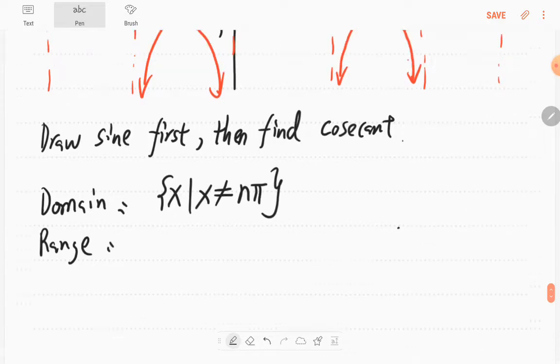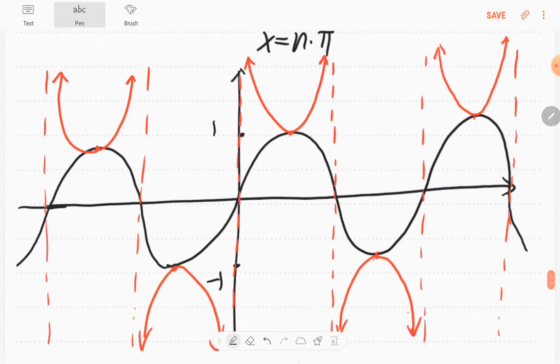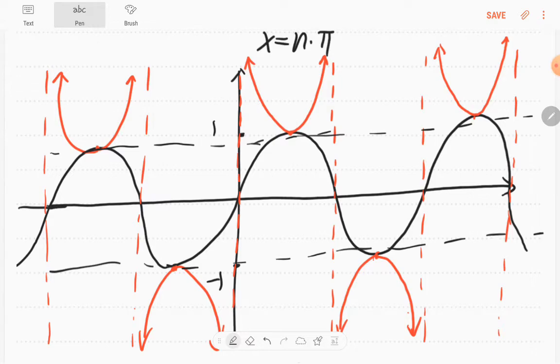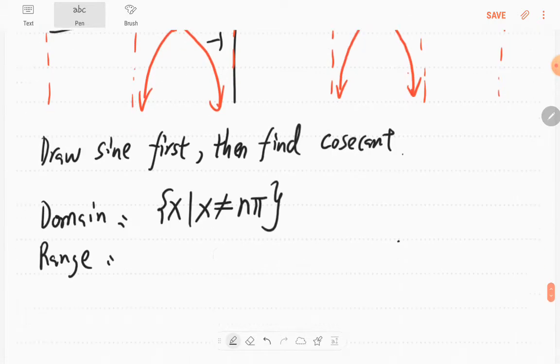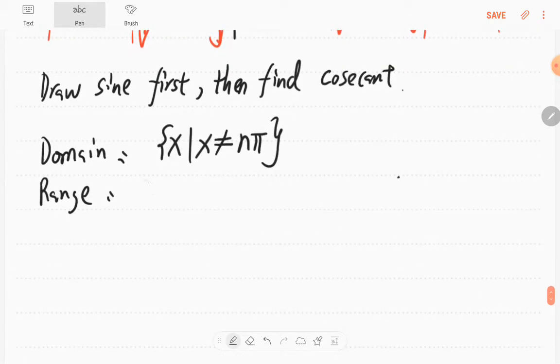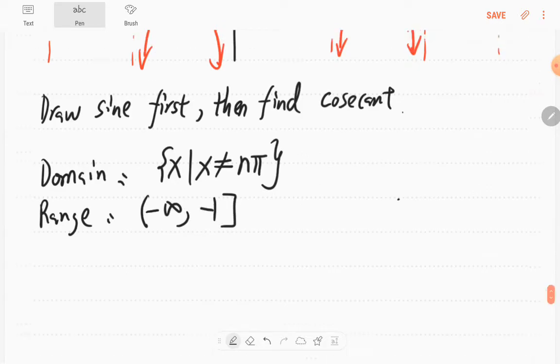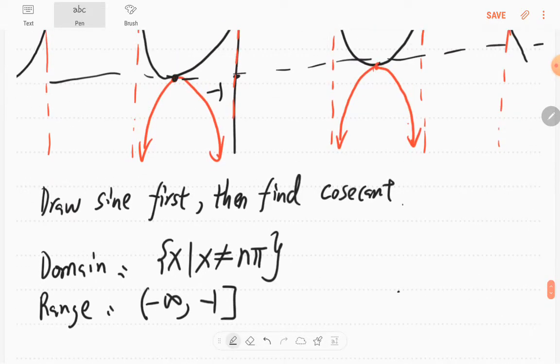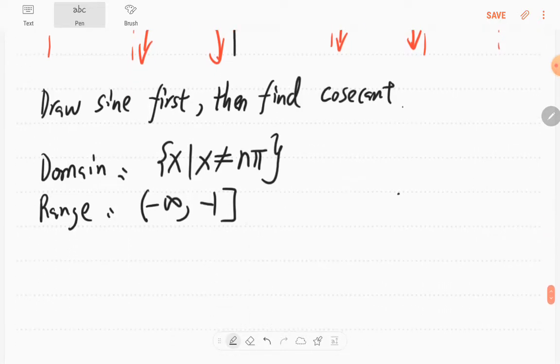From the red curve, it's always above 1 and below -1. So the range is from -infinity to -1, and this is included because this point is on the -1, union from 1 to positive infinity.